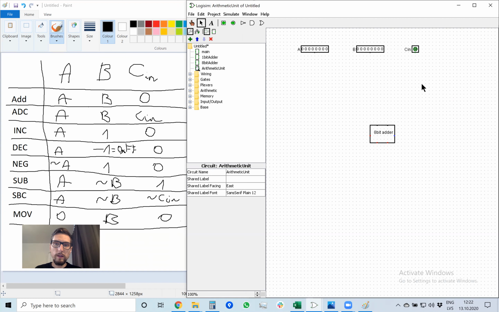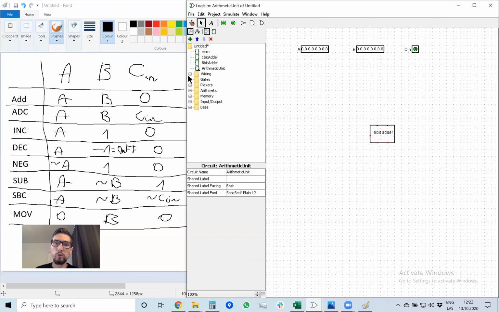And now the first addition would be A, B, and 0. So I would just take A to first input, B to the second input of 8-bit adder, and instead of carry in, I would select 0. But since we have other possibilities, I will just immediately put a multiplexer before each of these inputs, because at different functions we have different inputs.